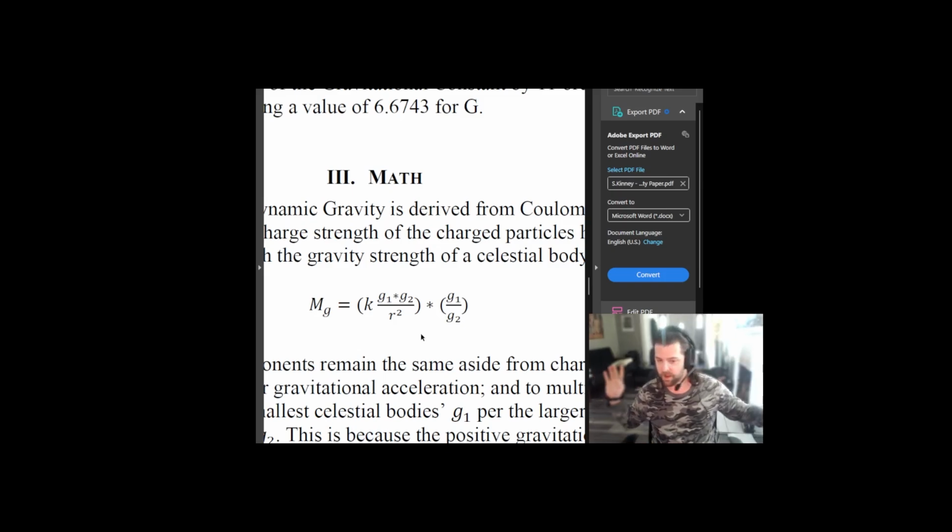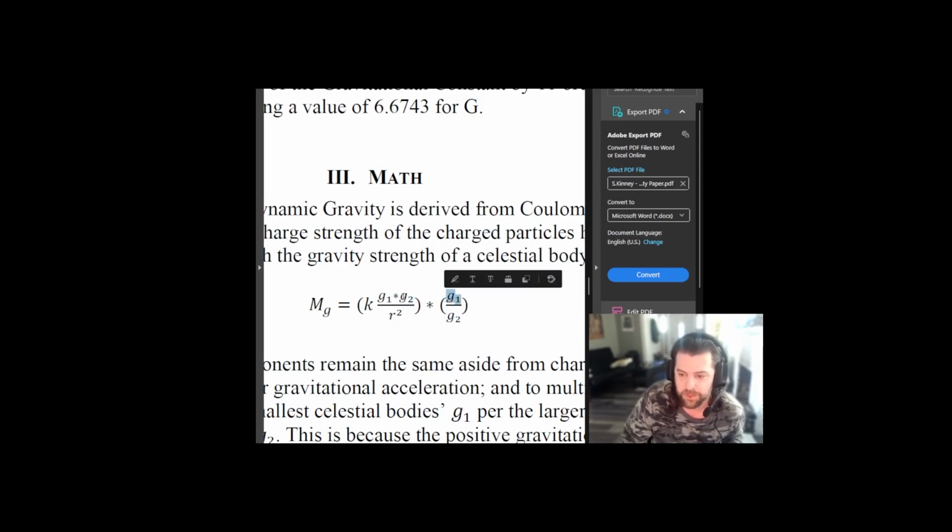It doesn't hold up very well on a micro level if you don't have this ratio. So this is a very important part, and ultimately these two will cancel out, and then eventually what you just have is g1 times g1 divided by r squared times k. It's pretty much what it works out to be.